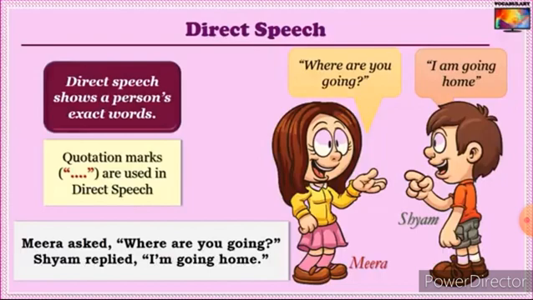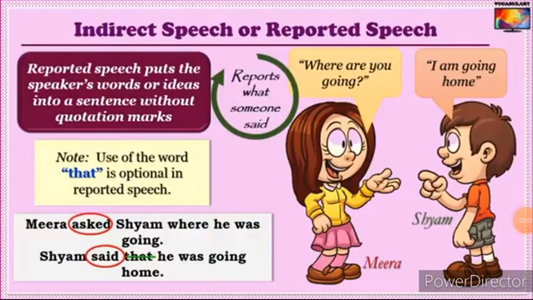Direct speech describes when something is being repeated exactly as it was, usually in between a pair of inverted commas, the actual words of a speaker. The next is the indirect speech. You can say indirect speech or reported speech. It puts the speaker's words or ideas into a sentence without quotation marks. There are no quotation marks.